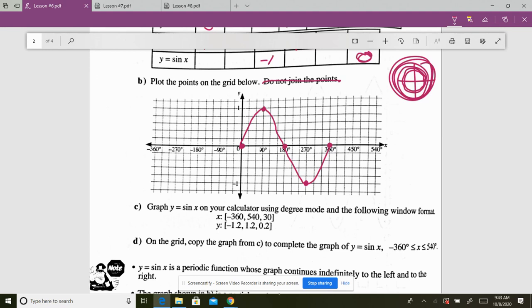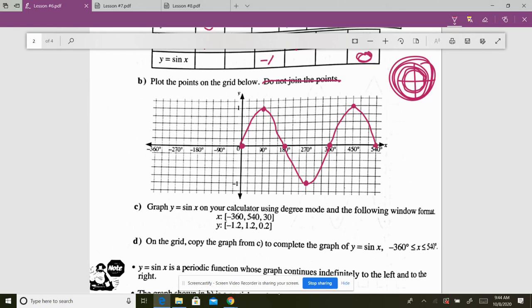So if 270 gave us negative 1 and 90 gave us positive 1, what do you think 450 gives us? What about 540? There you go.